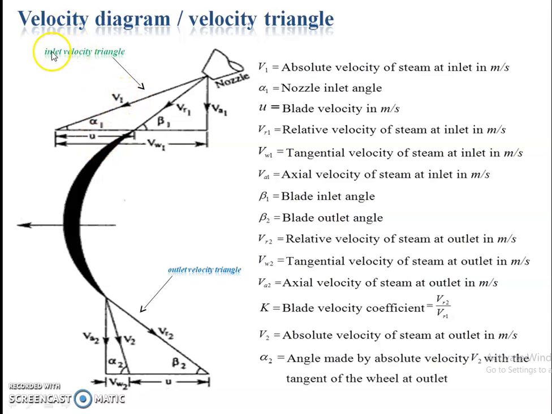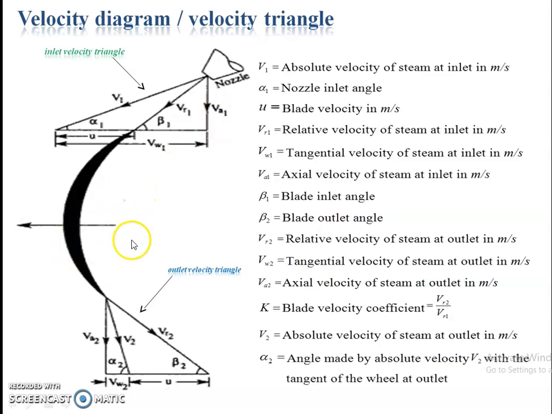So we should find the inlet velocity triangle from the velocity diagram. The steam jet issues from the nozzle at a high velocity V1 at an angle of alpha 1. The tangential component of the jet, VW1, performs work on the blade, and the axial component is the axial velocity VA1.